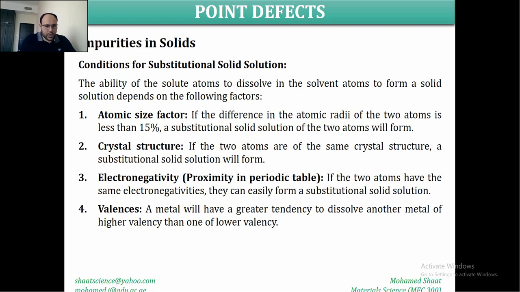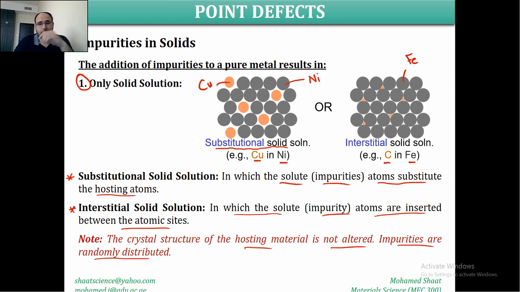Alright, so what are the conditions for the substitutional solid solution to be formed? As we mentioned here, one of the factors is the size of the atom. If the size of the atomic impurity is very small, we're going to form an interstitial solid solution, but it's going to be a substitutional solid solution in case the difference between the atomic sizes is not that big.